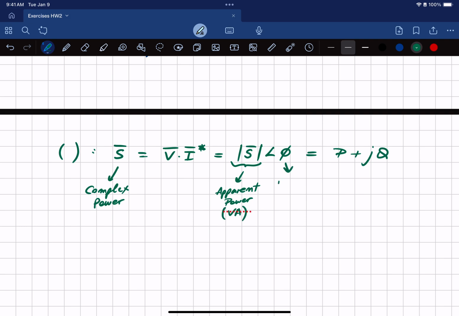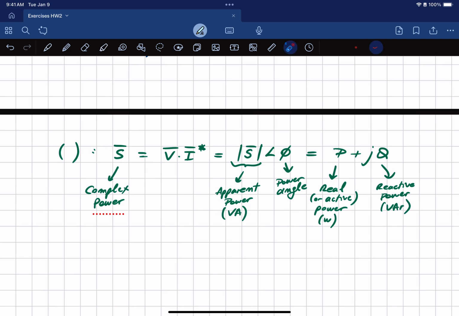The angle is called the power angle, and as any other angle, it's in degrees or radians. P, the real part of the complex power, is called the real or active power, and it's measured in watts. And finally Q is called the reactive power, and it's measured in volt amps reactive.